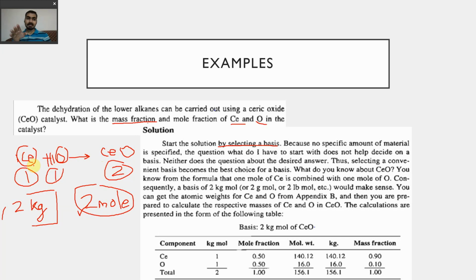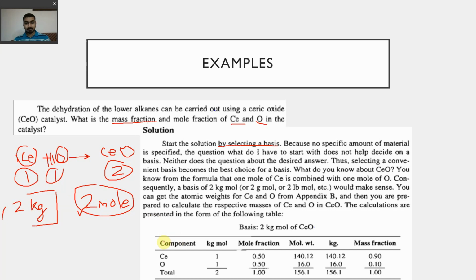So the best thing to choose is 2 moles. Alright. This is how you have to eliminate, and do this step in just 1 minute or less than 30 seconds in your exams. Alright, done. So we will choose 2 mole of this CeO as our basis.